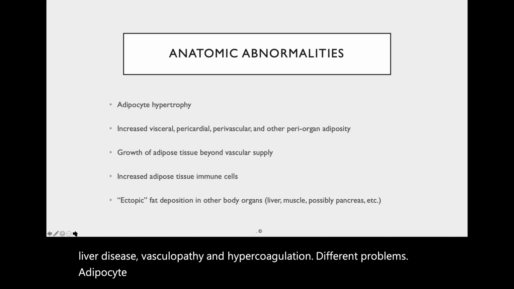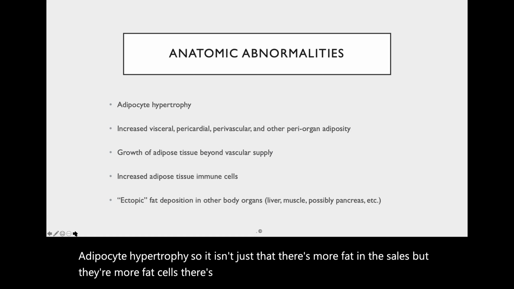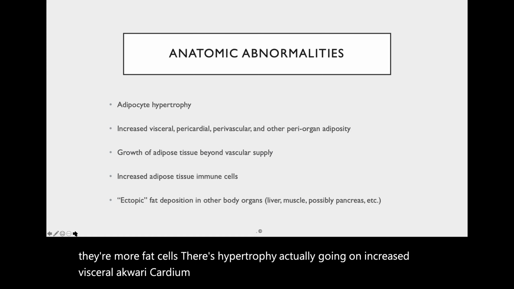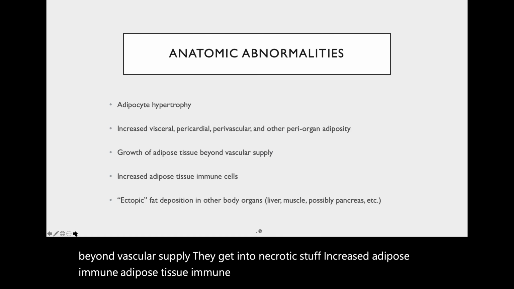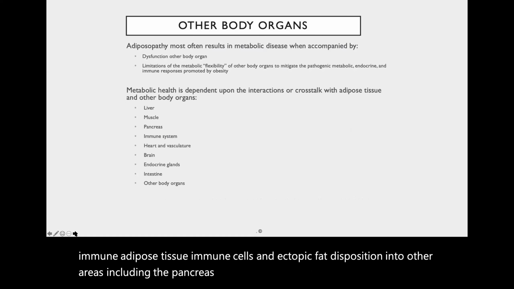So it isn't just that there's more fat in the cells, but there are more fat cells. There's hypertrophy actually going on. Increased visceral, pericardium, perivascular areas. There's growth of adipose tissue beyond vascular supply. They get into necrotic stuff. Increased adipose tissue immune cells, and ectopic fat deposition into other areas, including the pancreas, in particular liver and muscle.